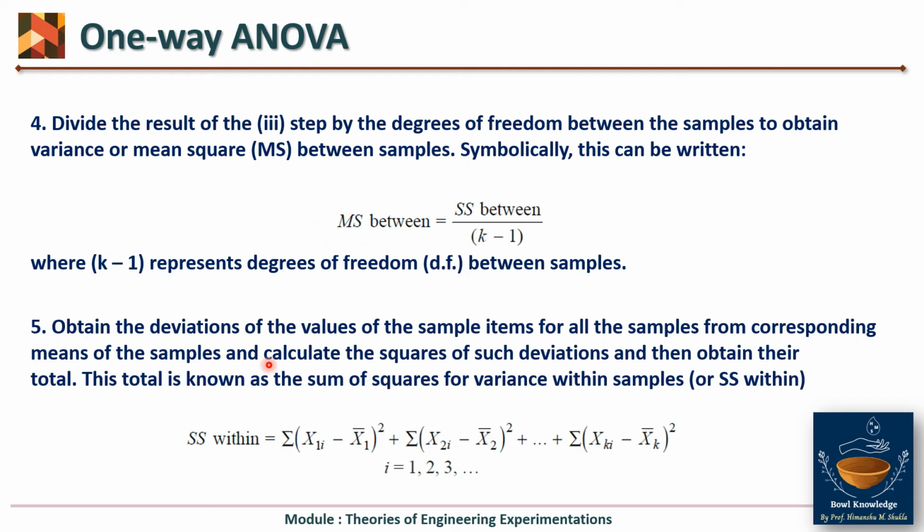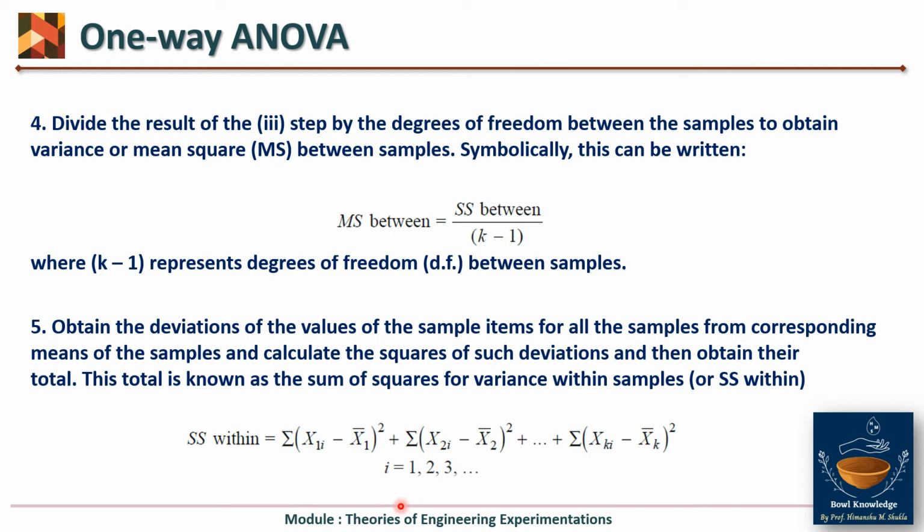In step number 5, it is the same as step number 3. Here we obtain the deviation of values from the sample mean, not from the grand mean, because if we calculate the deviation from the grand mean, the variation I get will be between samples. Now I want the variation within samples. So what will I take? I will take the variation of every reading from the mean of that sample.